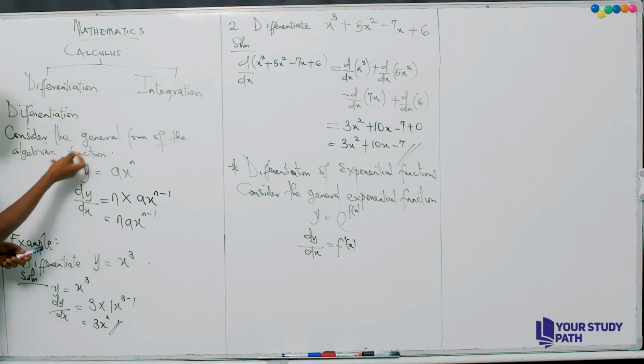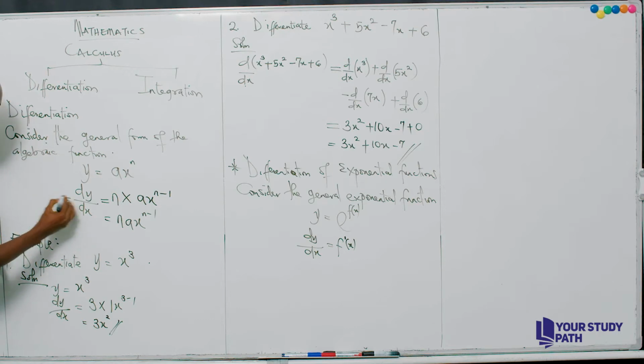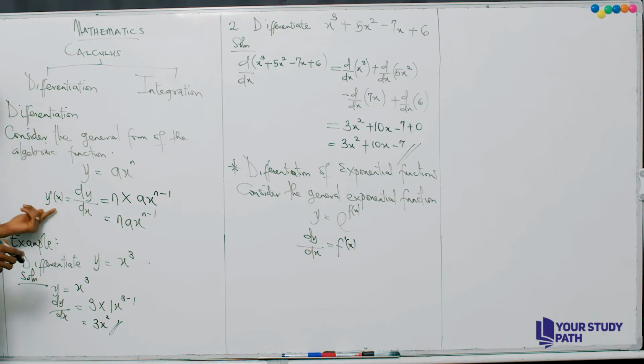Remember, we said when you differentiate y, you get it as dy dx. I can write dy dx as y prime of x. When we say y prime of x, or y prime, this prime on top signifies that, yes, this function has been differentiated once.